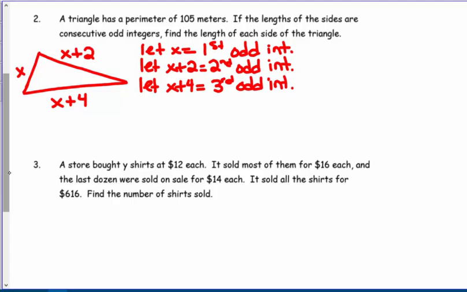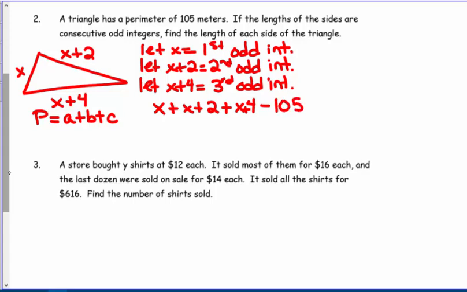Okay, and they add to the perimeter of a scalene triangle here. The formula is a plus b plus c. All sides are different, so using 3 different letters. So following that, I'm going to have x plus x plus 2 plus x plus 4 equals 105.